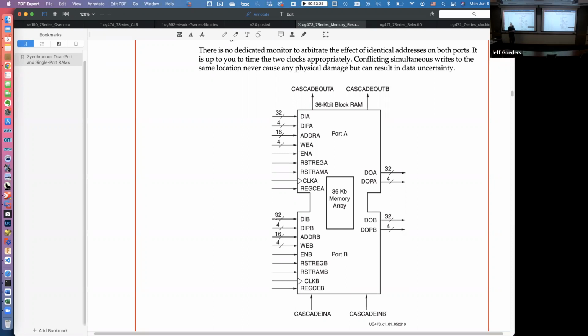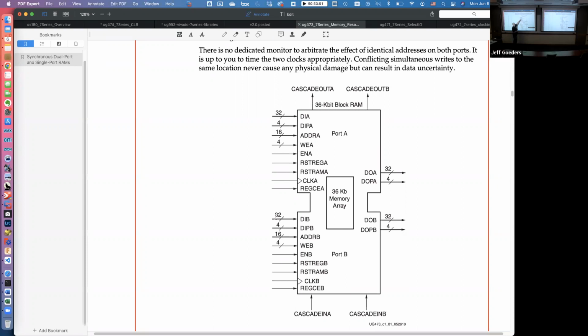Okay. Now, we got 36 kilobits, yet we have 32 data. Okay, let's ignore parity for a minute, okay? Ignore the parity half. We got a 32 kilobit memory array. We have 32 data lines, but we have 16 address lines. Well, 16 address lines implies what?